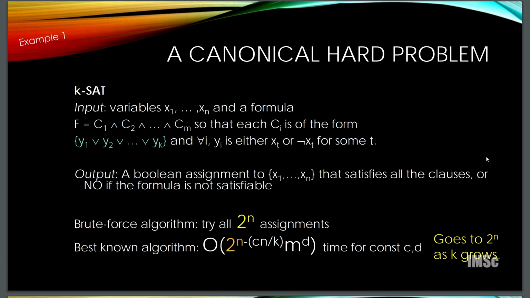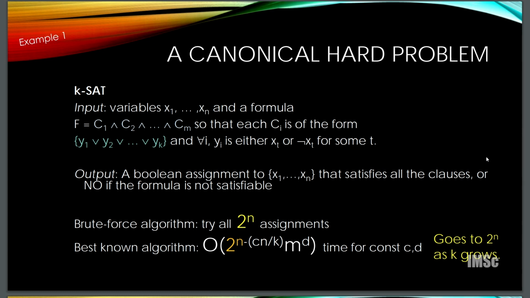One is the k-SAT problem we saw in the morning, where you have a formula in conjunctive normal form, a conjunction of clauses. Each clause has k literals, and that's why it's called k-SAT. Sometimes at most k is enough, and you want to ask the satisfiability question.